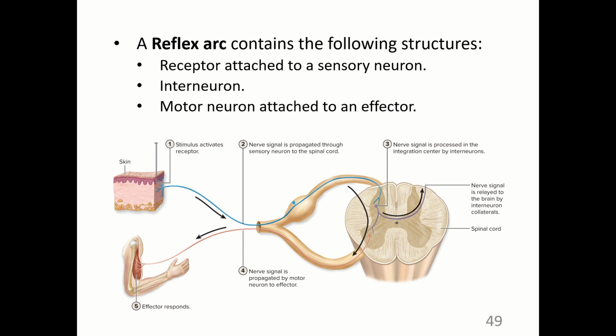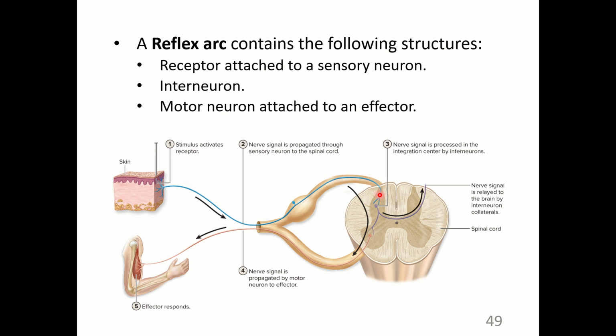A reflex arc contains the following structures: a receptor attached to a sensory neuron, an interneuron, and a motor neuron attached to an effector. In the steps of a reflex arc, step 1, a stimulus will activate the receptor. In step 2, a nerve signal will be propagated through the sensory neuron to the spinal cord.